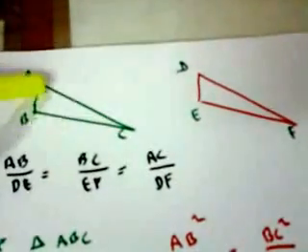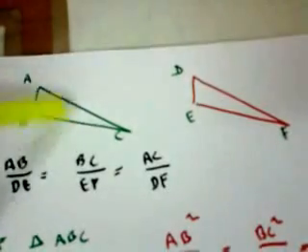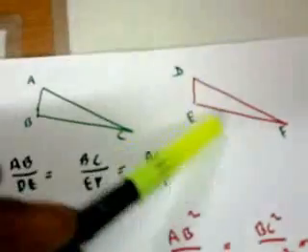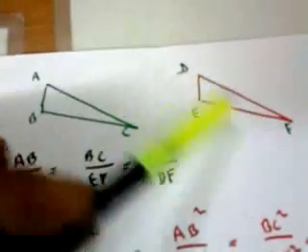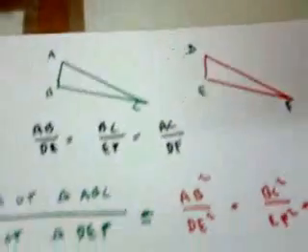Let us say we draw the median AX here and DY here, then area of ABC by area of DEF will be AX square by DY square.